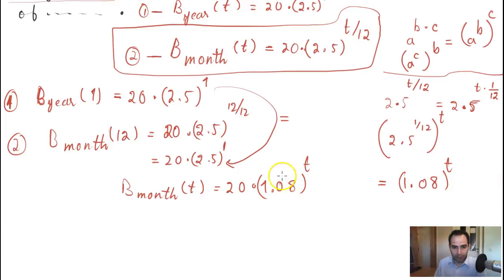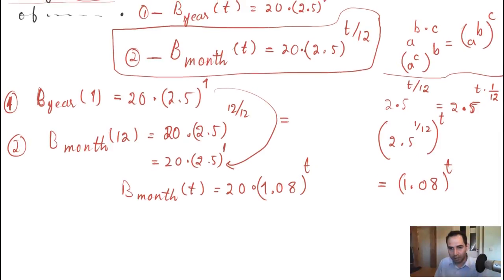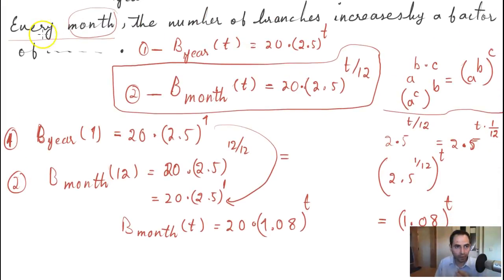So now you can see that for every incrementation that we make, every time we increment t, another factor of 1.08 is being multiplied by the function, which means the function is being increased by 8% every time t is incremented. So the answer here is every month, the number of branches increases by a factor of 1.08.